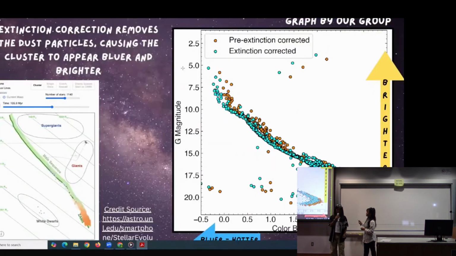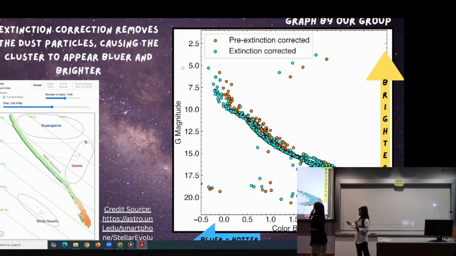And now that we have corrected the extinction, we have this graph. After removing the extinction, the cluster appears bluer and brighter.